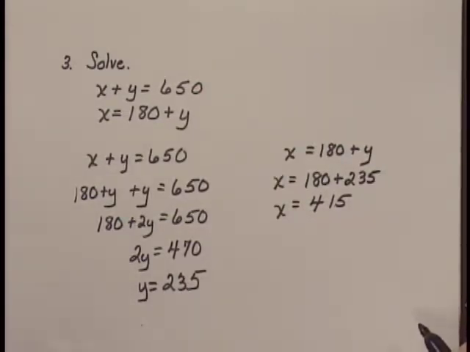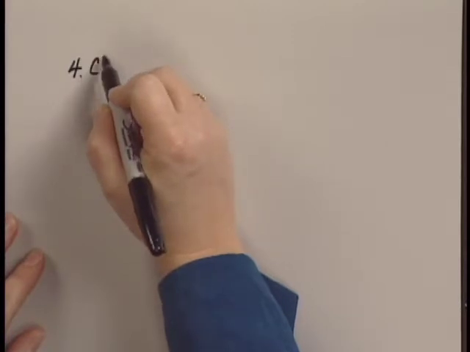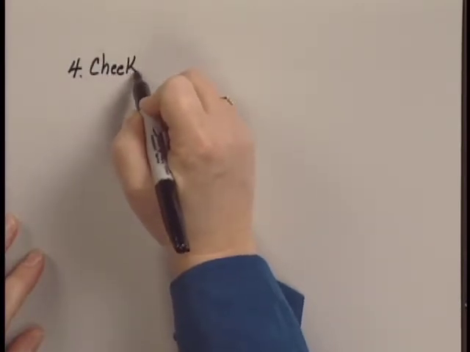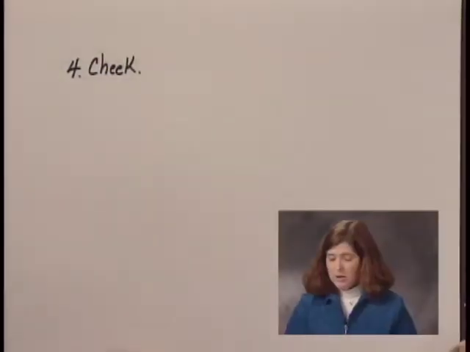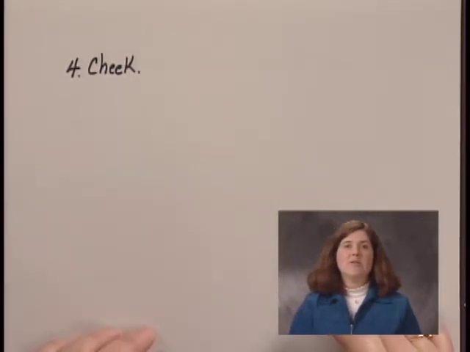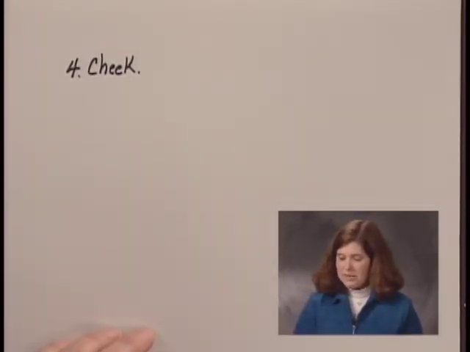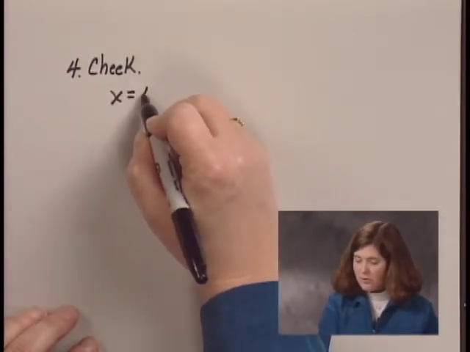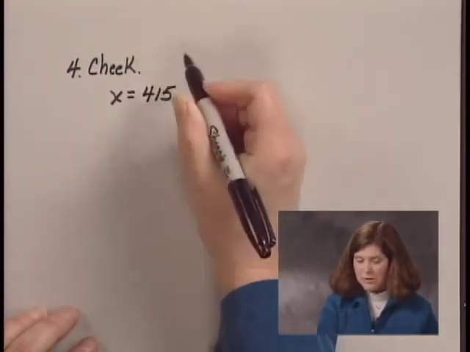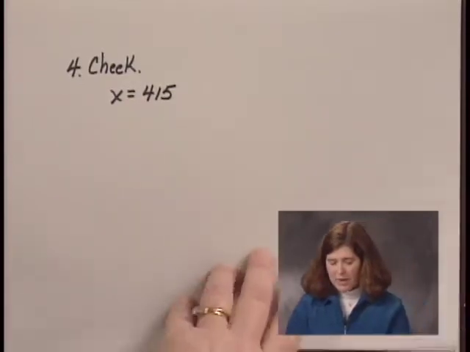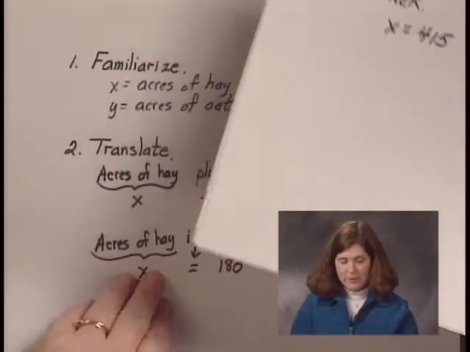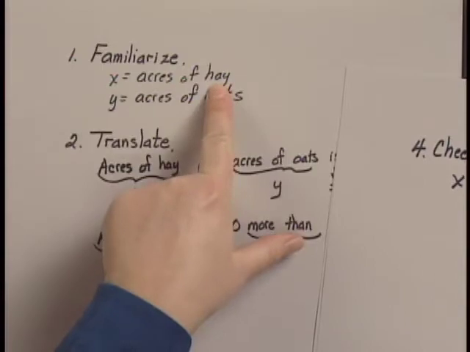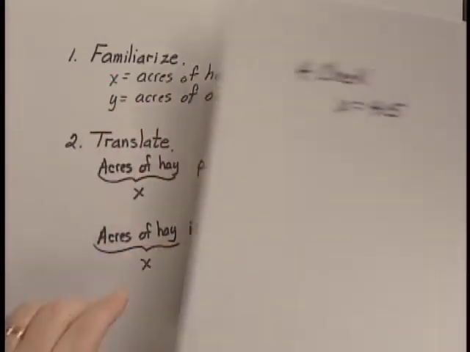Now before I state my answer, I need to move to the fourth step, which is check. It's important to check the answer looking back at the original problem. The original problem says that altogether there were 650 acres planted. Well, we had a possible solution of 415 acres, and here's where I want to go back and see what that stood for. X was acres of hay, and y is acres of oats.